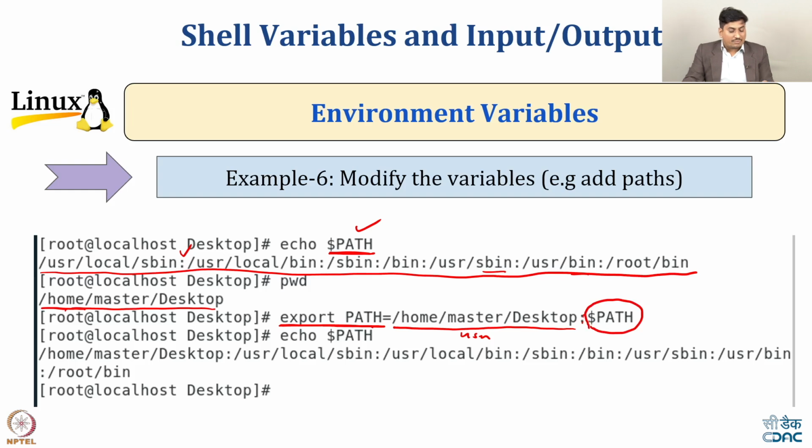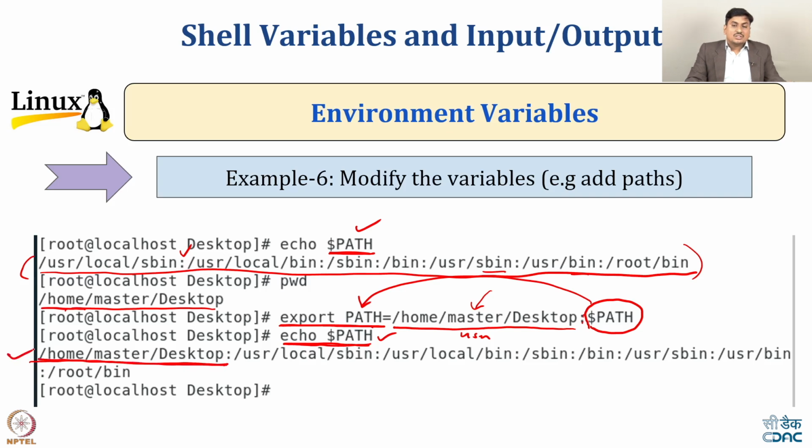In this way we are updating or modifying the path, keeping the earlier paths and additionally adding this path as well. Now when I try to see the contents of this variable, you can see that it has printed or added this part as well.